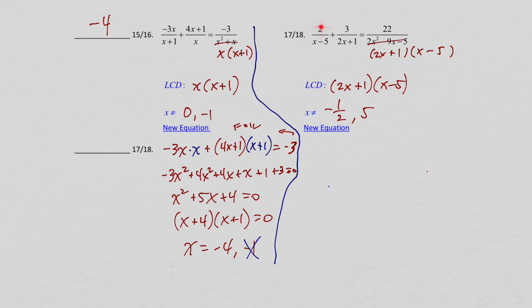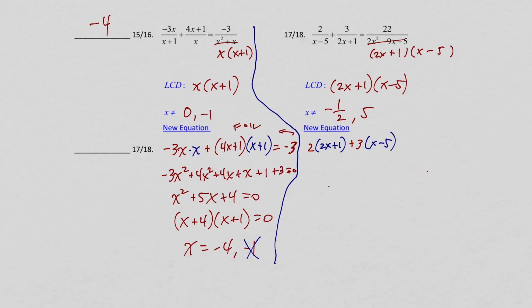So now we're going to take the numerator, the 2, and we're going to multiply by what's missing from the denominator, which is 2x plus 1. Then we're going to take that plus 3 from the numerator, and we'll multiply by what's missing from the denominator, the x minus 5.